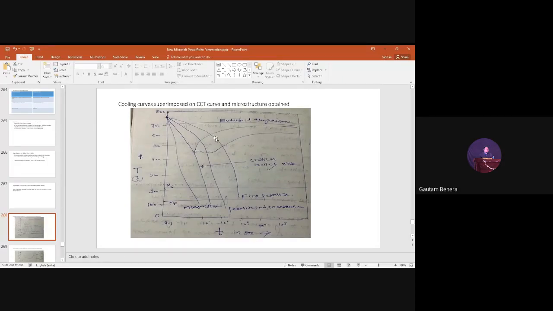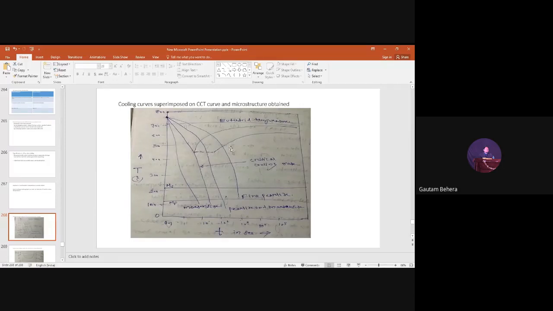But transformation is not finished. But again it is moving and it is touching the transformation end curve or finish curve. So that means after this point, all the austenite has transformed into perlite. Why? Because this is CCT curve and this is up to the perlitic curve, right? Perlitic region. It is not below the perlitic region.